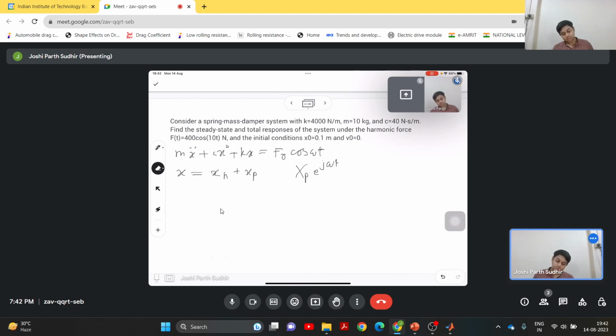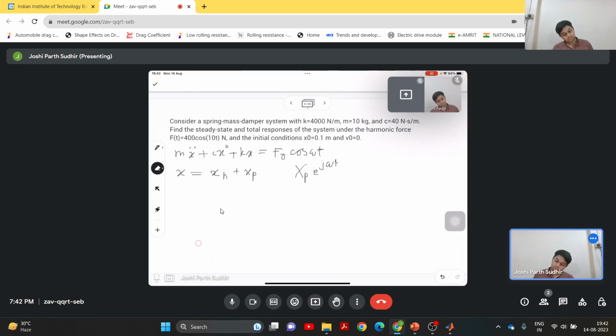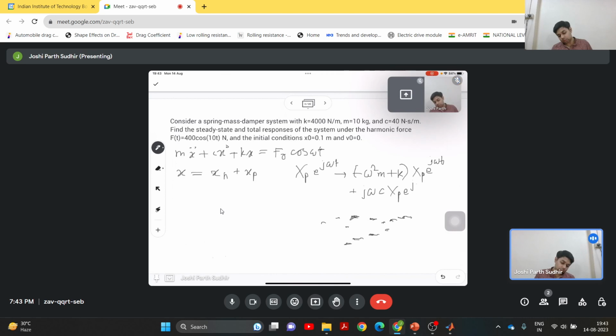Then we would get minus omega square m plus k into xp e to the power j omega t, plus j omega c into xp e to the power j omega t.